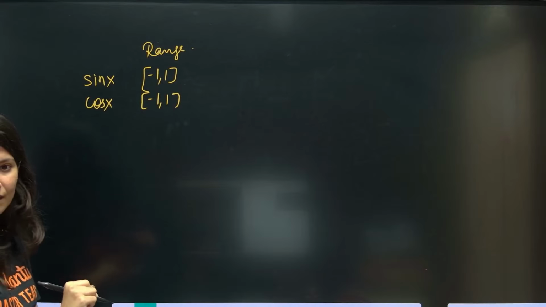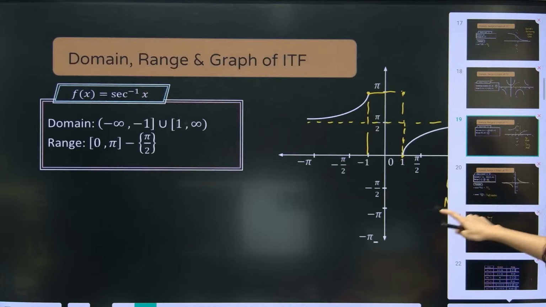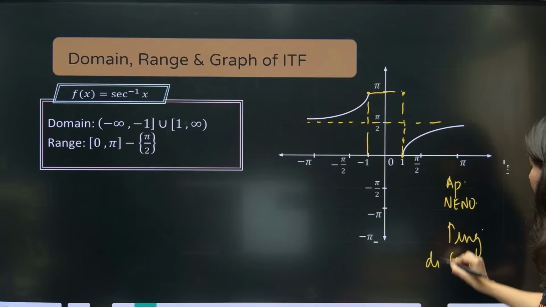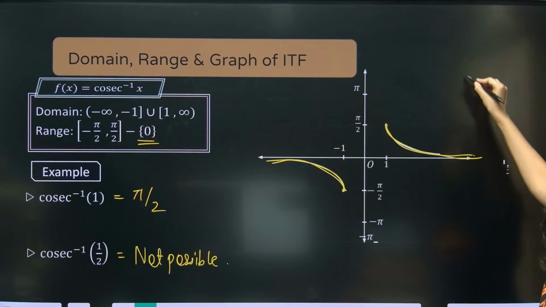Okay. Sec inverse x is discontinuous, right? Yes, sec inverse x is discontinuous. And same, cosec inverse is also discontinuous.